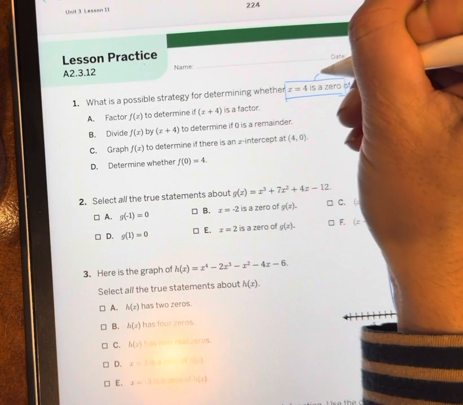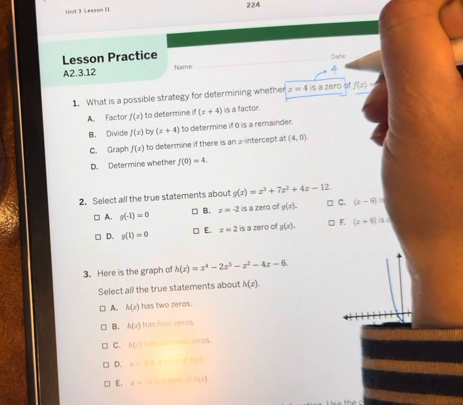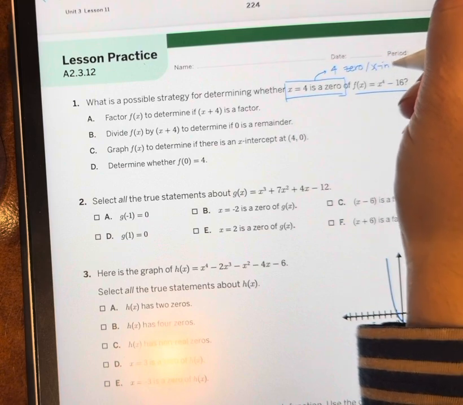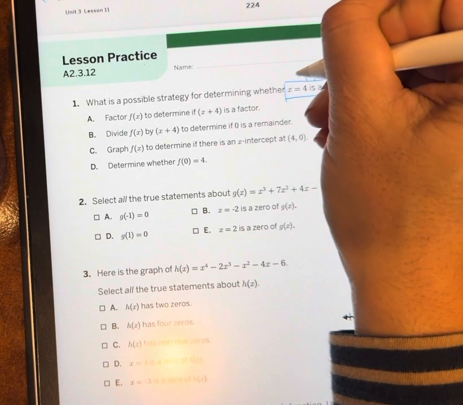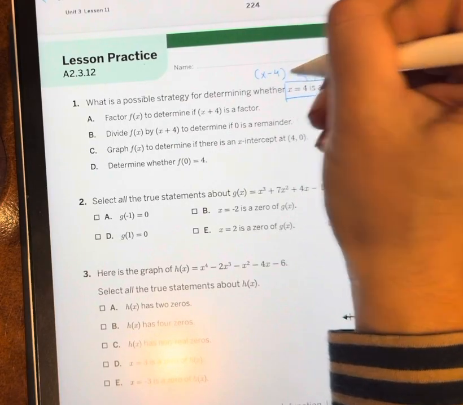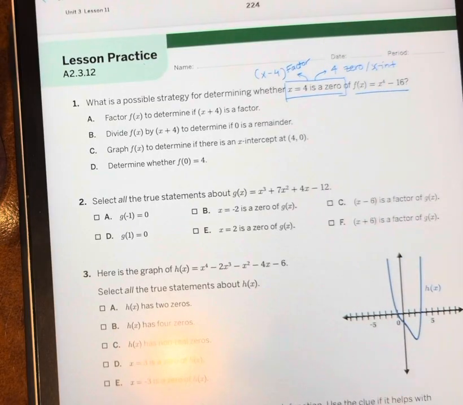It's something we need to be aware of. We want 4 to be a 0 or an x-intercept. But it's important that we know that this also means that it's x minus 4. That would be a factor. So in the equation, it should be an x minus 4, right? So please keep this in mind.